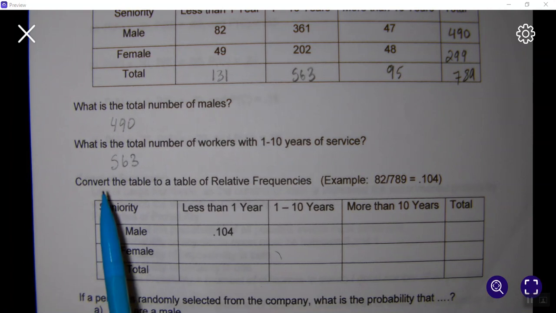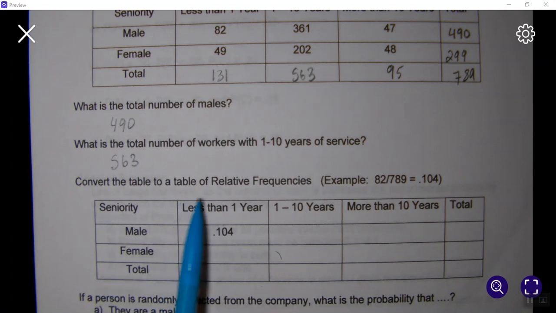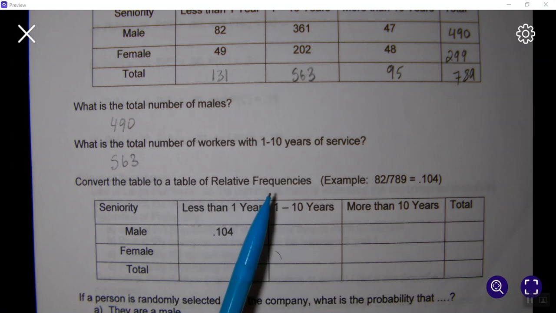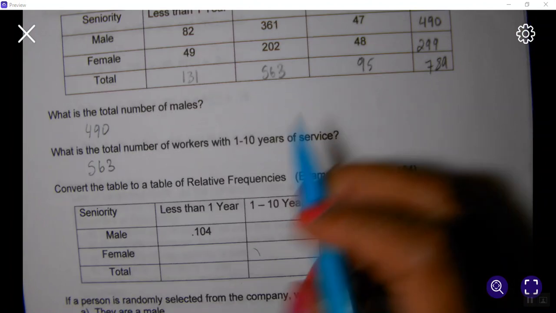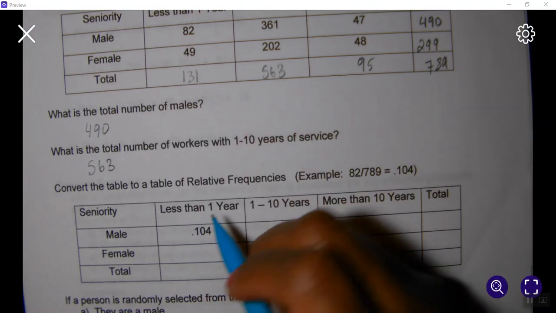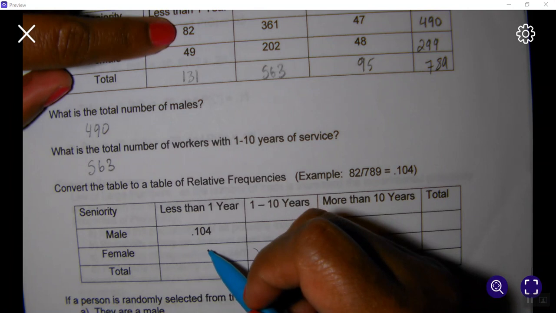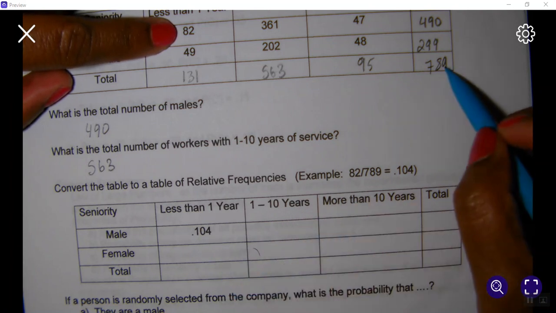Okay, so now we're going to convert the table to a table of relative frequencies. So what we're going to do is we're going to take each of these numbers and we're going to convert them into a frequency. For example, this number right here is 82 divided by the total.